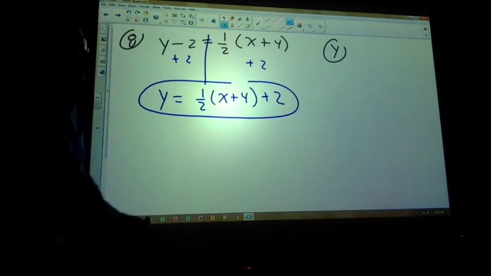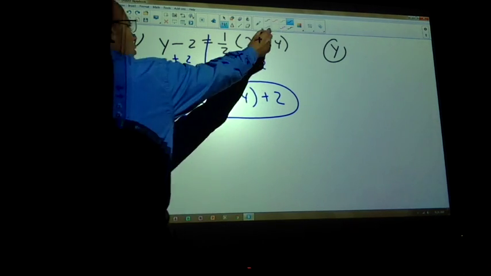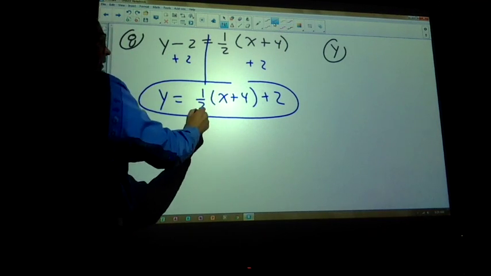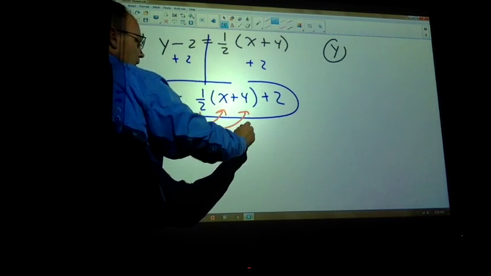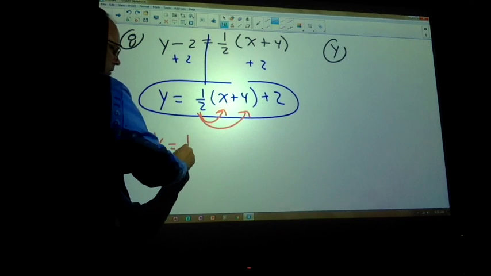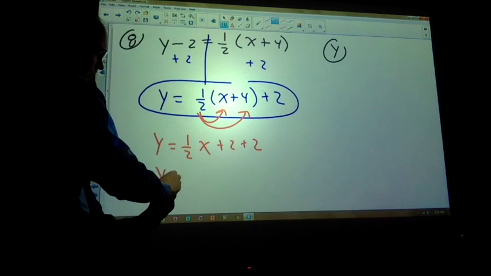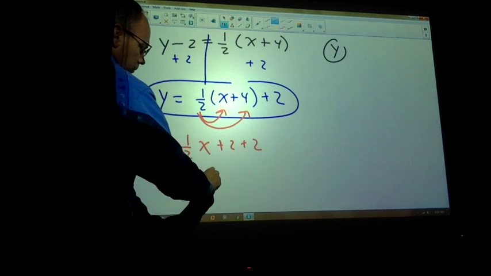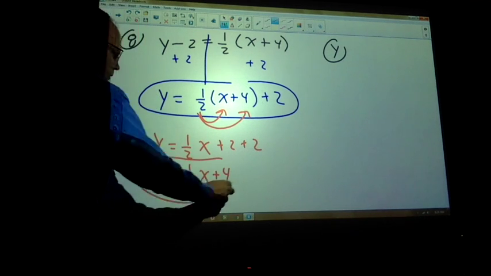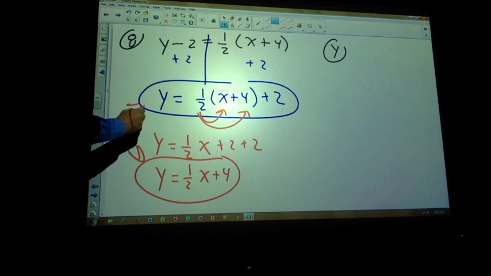But other spots might want you to start reducing things. So if you got to this point, I think you're fine. But someone might have done this, which I think both those answers are equivalent.